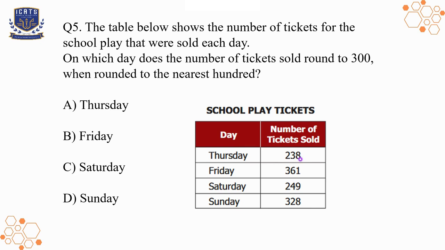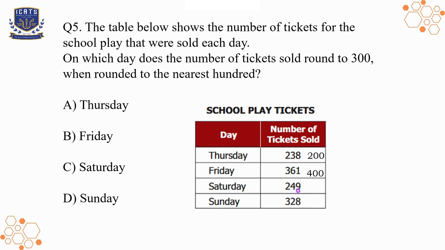If we round 238 to the nearest hundreds, it will be 200. Now the next number is 361. As it lies between 300 and 400, and it's bigger than 350, we will round it to 400. Then it's 249.